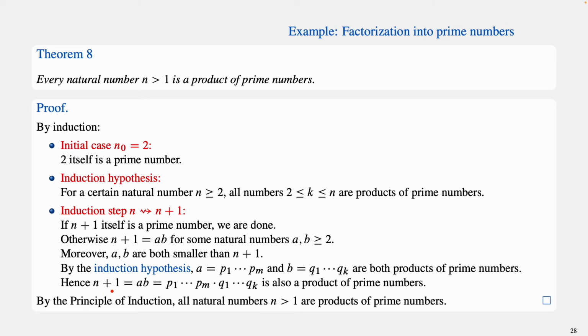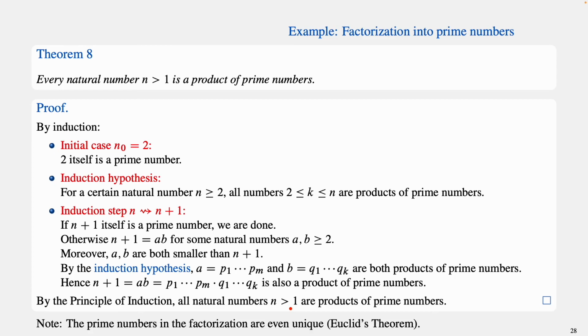Then n plus 1 equals a times b, which is the product of p1 to pm times q1 to qk. So we find that n plus 1 is also a product of prime numbers. And now the principle of induction tells us that all natural numbers greater than 1 are products of prime numbers.